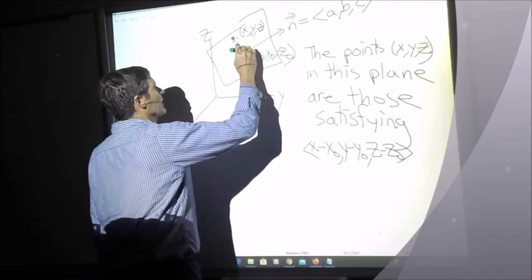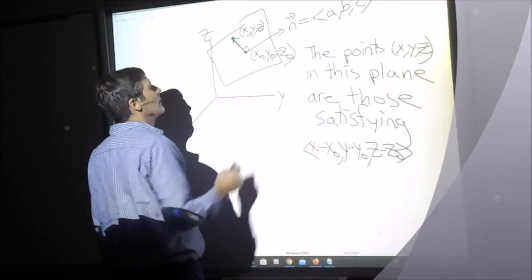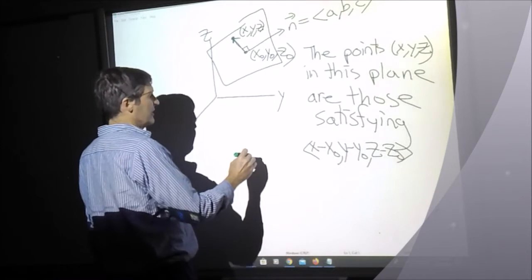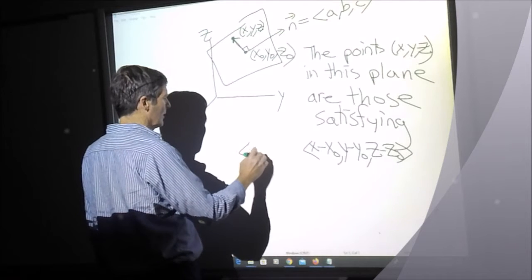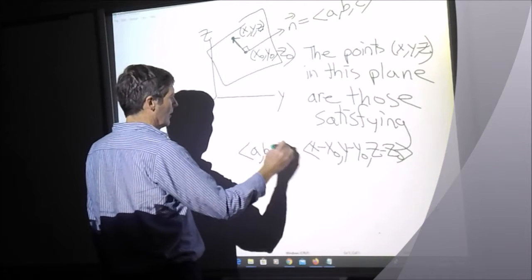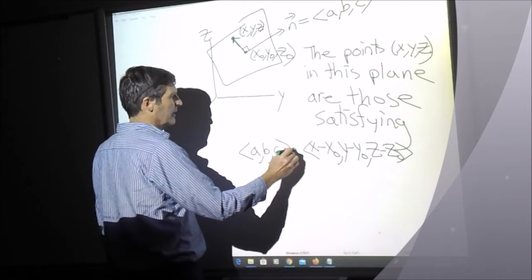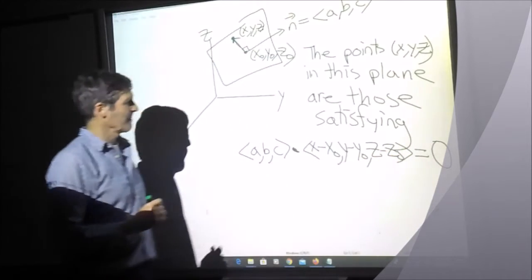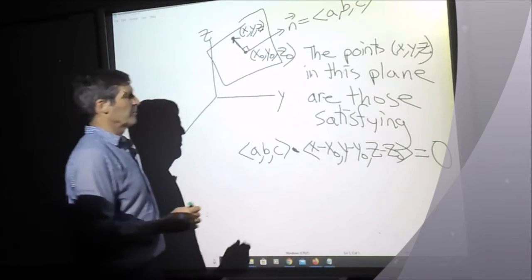That's this vector here. It must be perpendicular to n, a, b, c. Perpendicular if and only if the dot product is 0, right? So there's the equation for the plane.